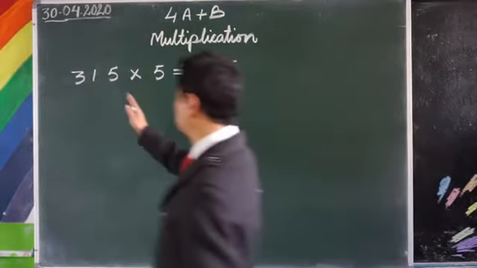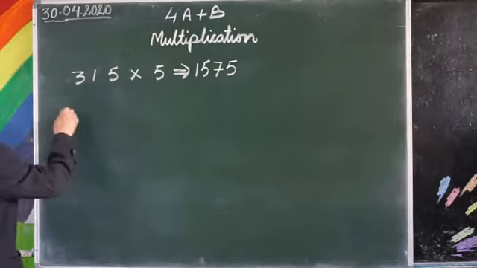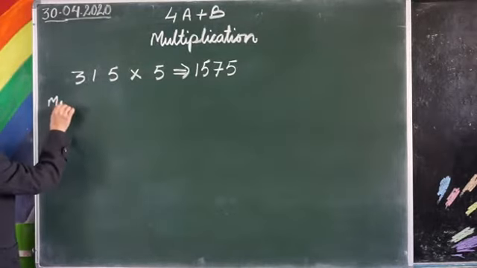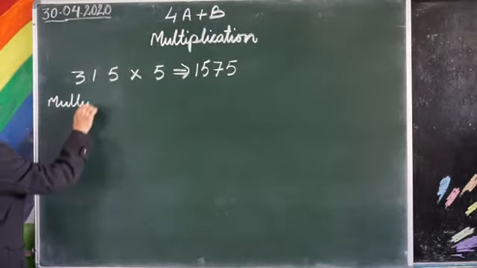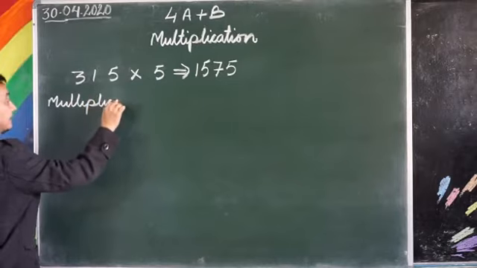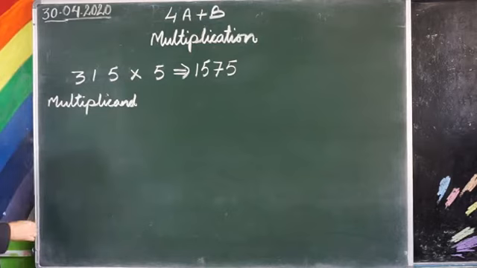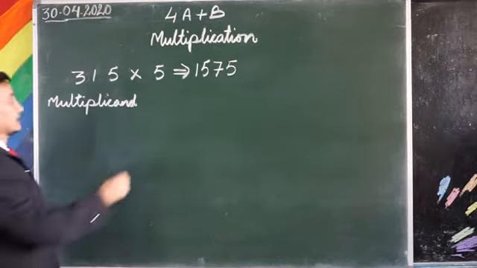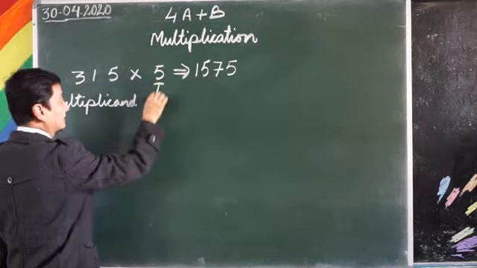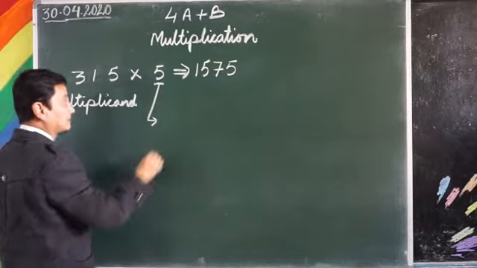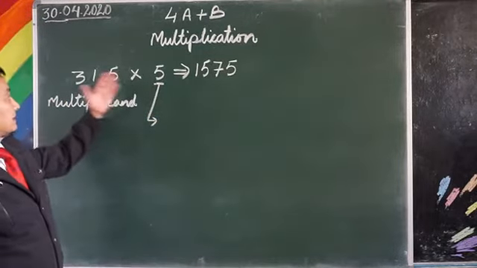The first part here is known as the multiplicand. It is known as the multiplicand. And this 5 is known as the multiplier, because you are going to multiply this number.